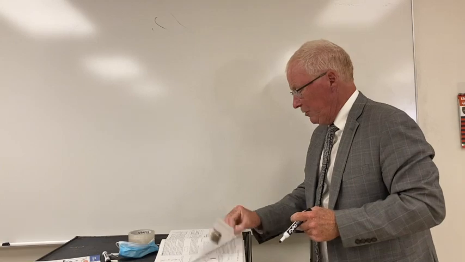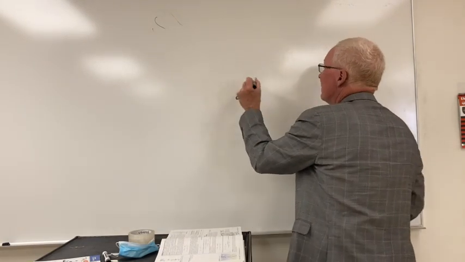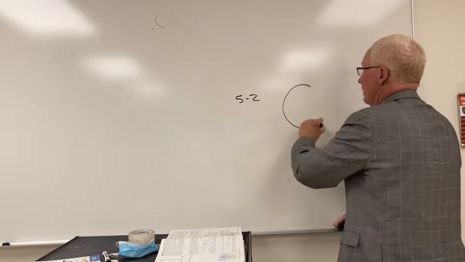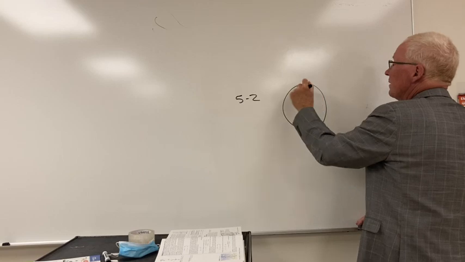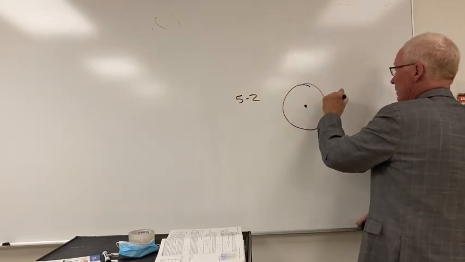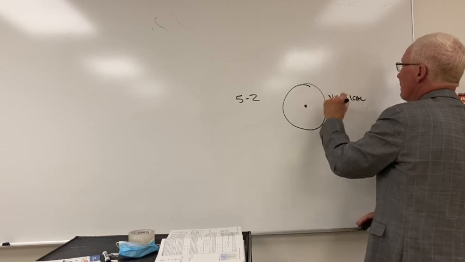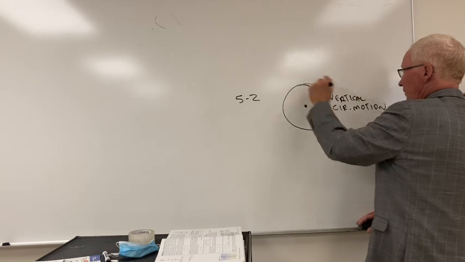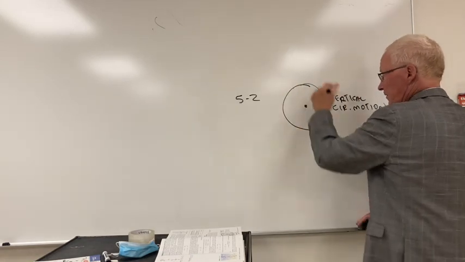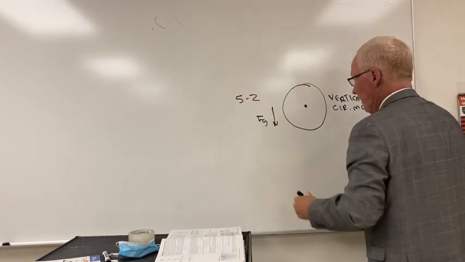Oh, yeah, 5.2. So circular motion, vertical circular motion. Because we have gravity, the force of gravity is always pulling downwards.